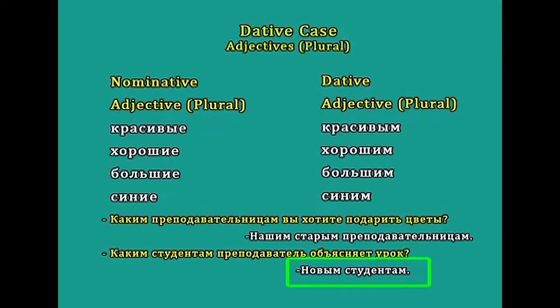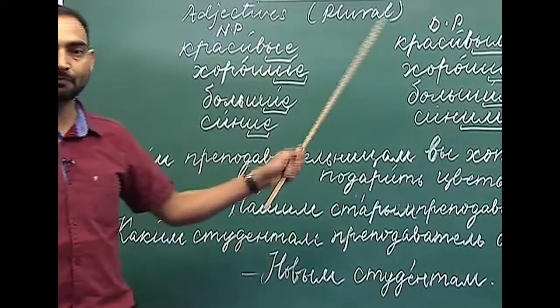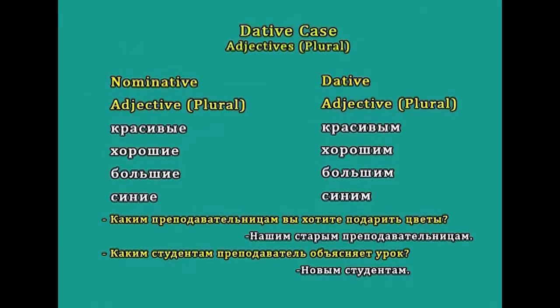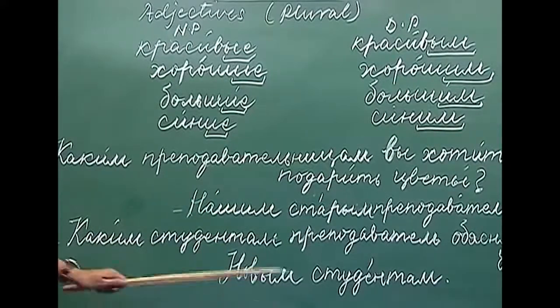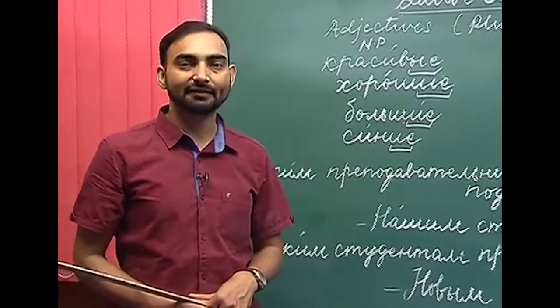Novim studiantam, to new students. Here again we are using the dative plural form of the adjective novi. So, novi has become novim. Starim, novim. So, this is about the adjective in plural in the dative case.